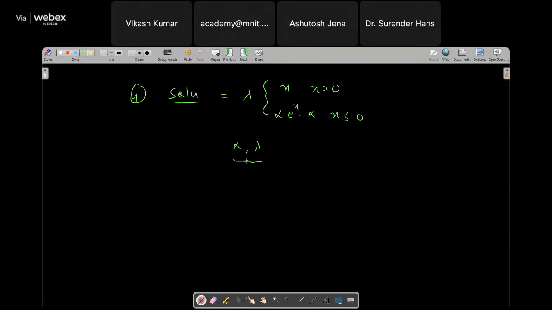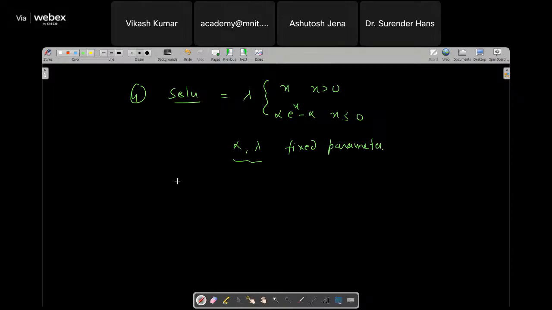Remember this point: alpha and lambda have certain fixed values. I don't know the exact values right now, but they are fixed, so it's not trainable.